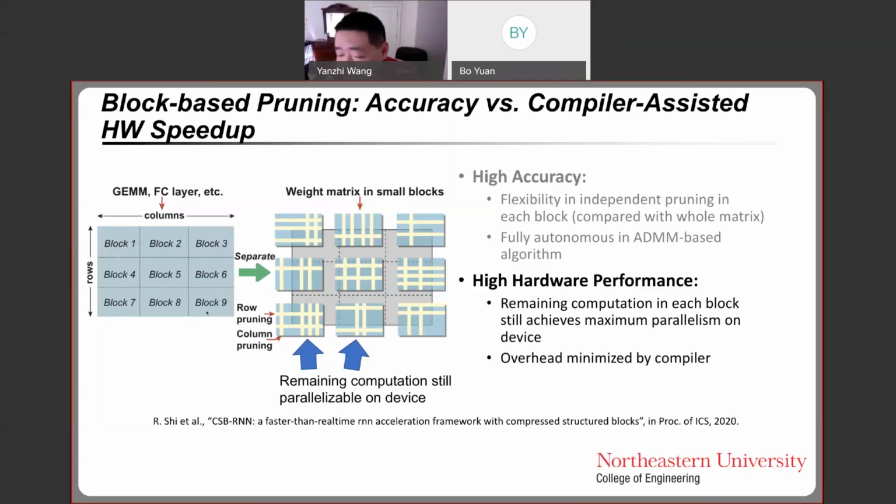And the overhead can be minimized by the compiler. As long as the hardware parallelism can be maximized, then whether we train a smaller neural network directly or use this kind of fine-grained pruning, we will have the same performance under the same compression rate, but the latter will certainly be more accurate. And this is a key observation here.